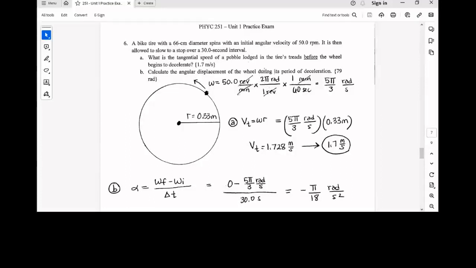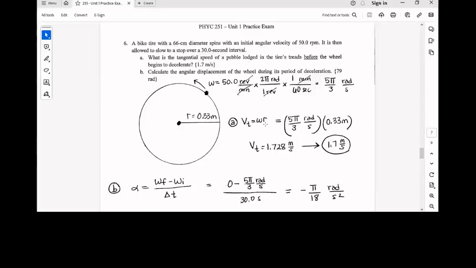So if a single revolution is 2 pi radian, and if a single minute is 60 seconds, I can multiply across the top, divide by the product of everything on the bottom, and that leaves me with 5 pi over 3 radian per second. It would be fine if you wrote a decimal approximation of this.